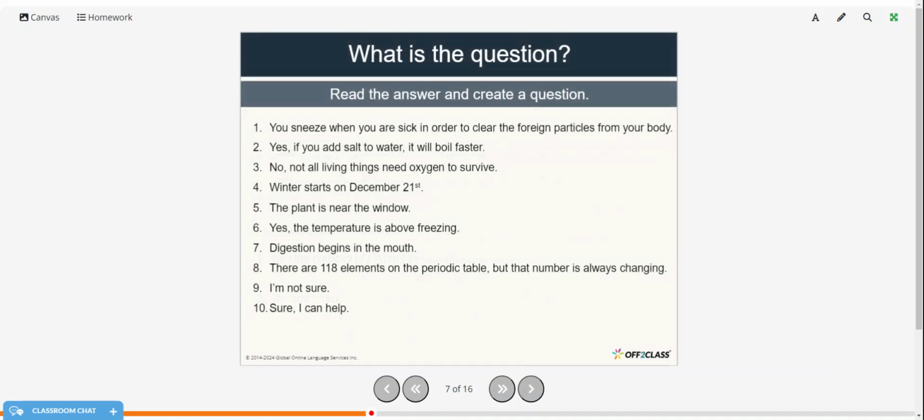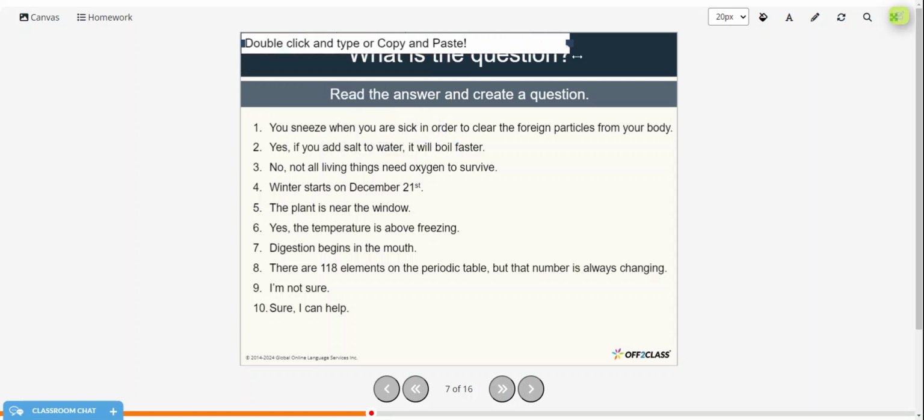All right, so now you're going to look at these answers and create a question. So you sneeze when you are sick in order to clear the foreign particles from your body. So why do we sneeze when we are sick?